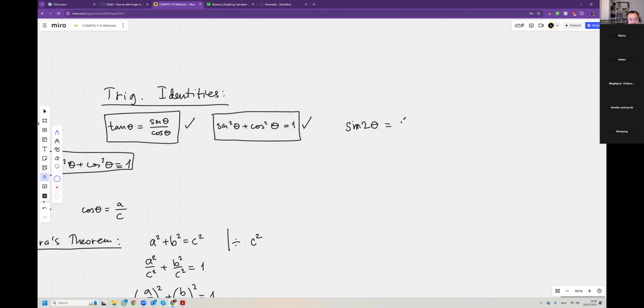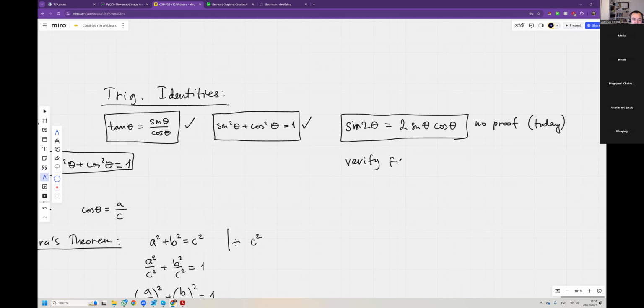Sine 2 theta is 2 sine theta cos theta. Well, no proof today, but let's verify for some angle.